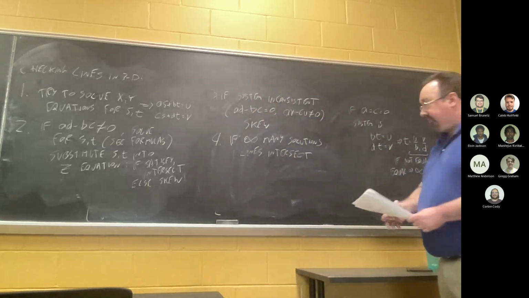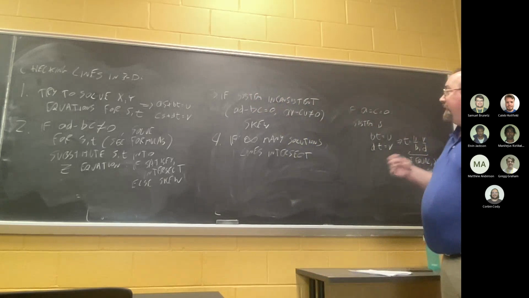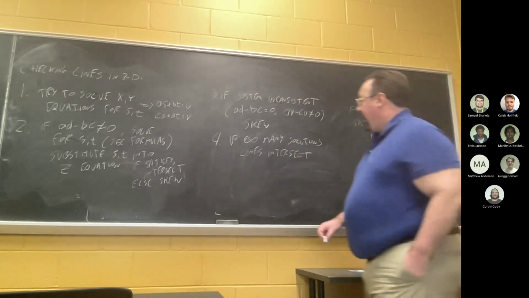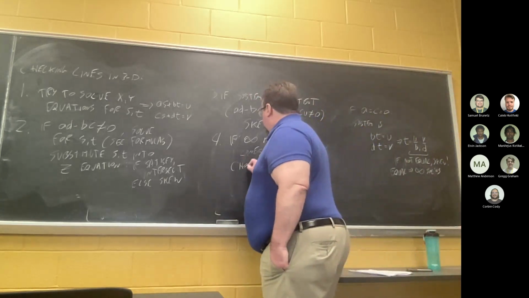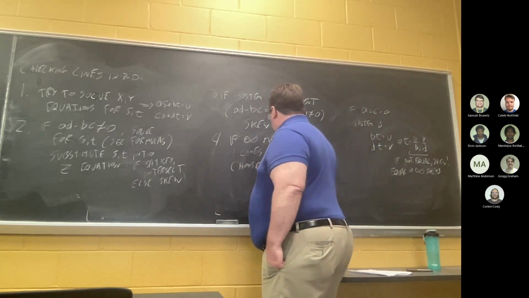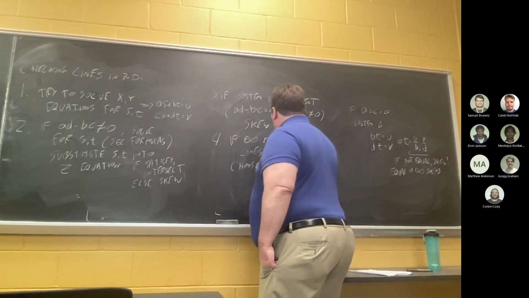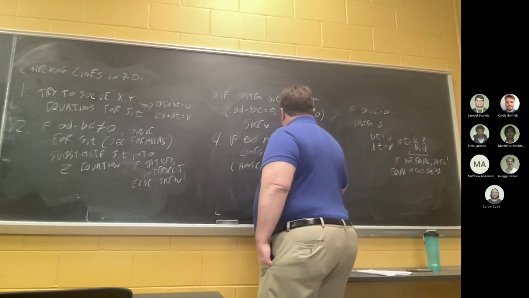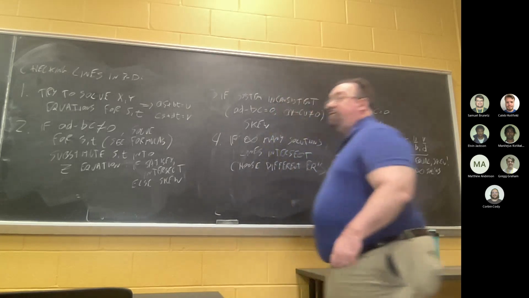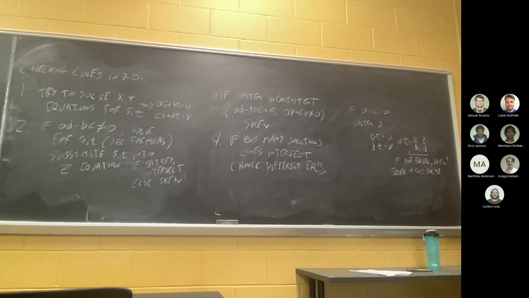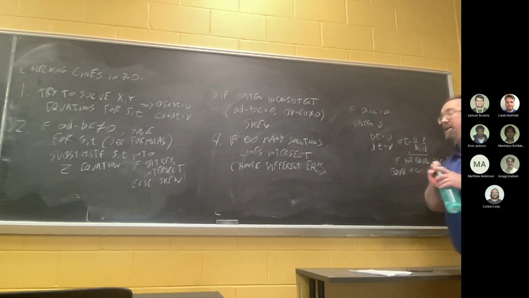The best thing to do in that case is, because you got to this point by looking at the X and Y equations, choose a different pair. So choose the X equation and the Z equation, or the Y equation and the Z equation. Either choice will certainly work because you've already ruled out the lines being parallel.